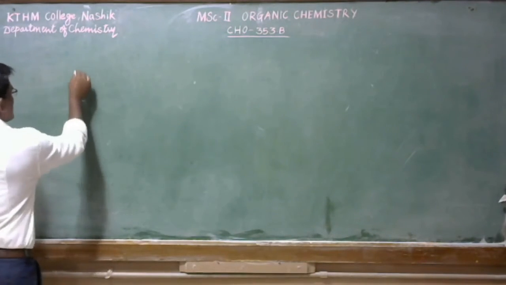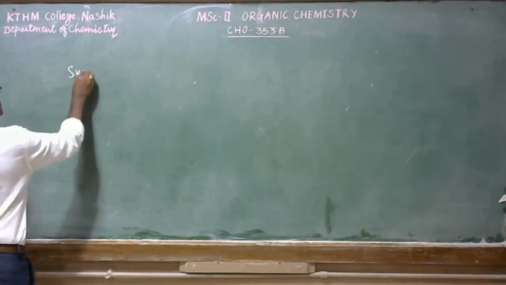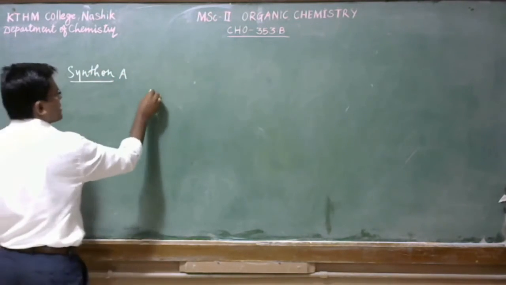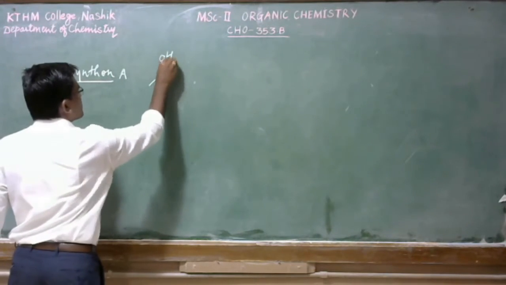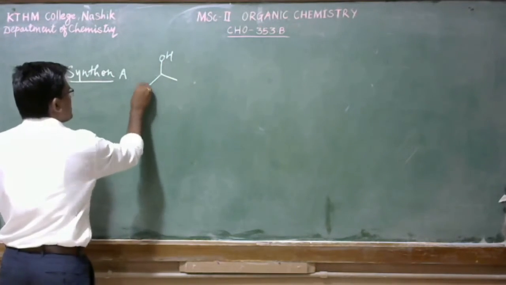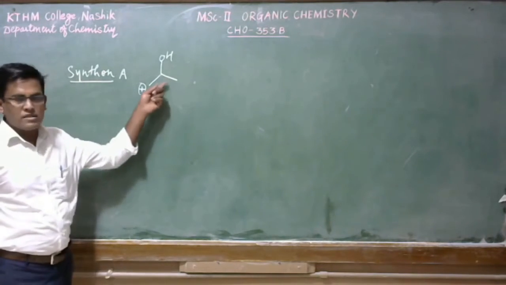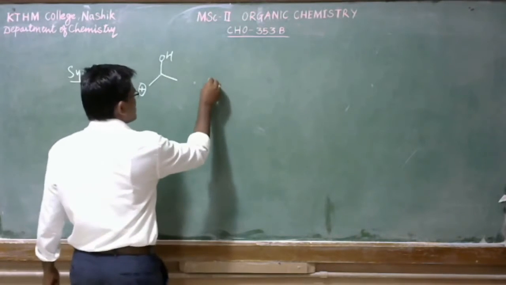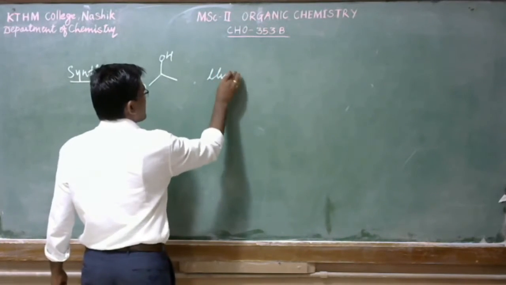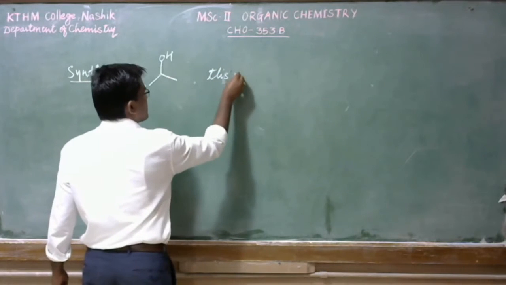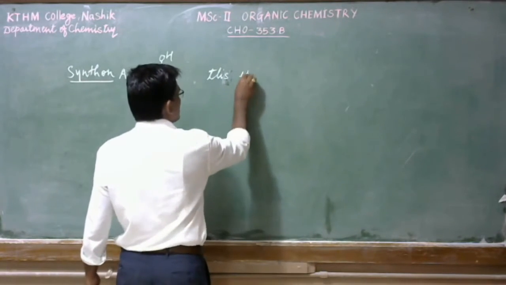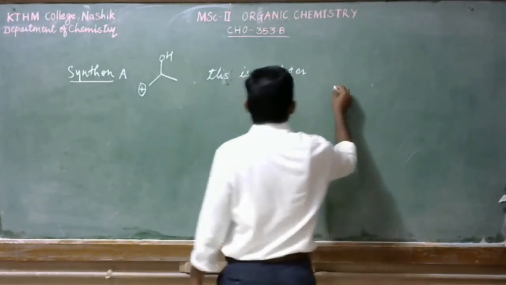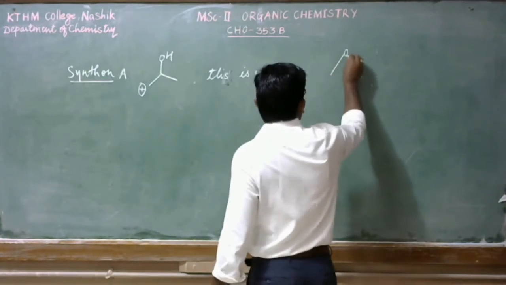So we have seen the synthon A. This synthon is having a positive charge over here. So this can be used for this epoxide.